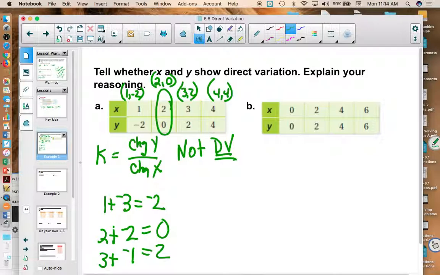Look at this one. Is B going to be a direct variation? What do you predict? Yes. Yes, graph it. Be safe. Make sure.